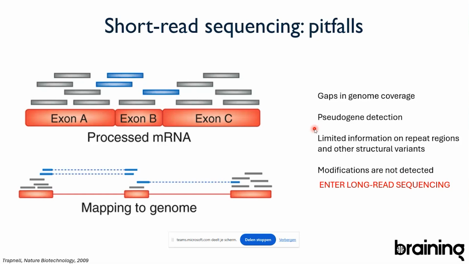As you might guess from the name, long read sequencing uses longer fragments of DNA or RNA to sequence, basically to gain more information. So far I've mainly been talking to you about DNA, but I'm very interested in splicing, which is on the RNA level, right?